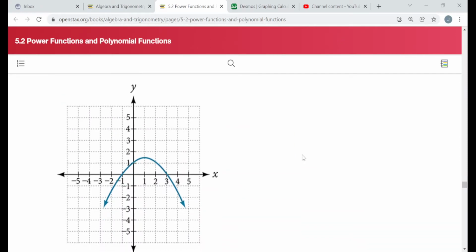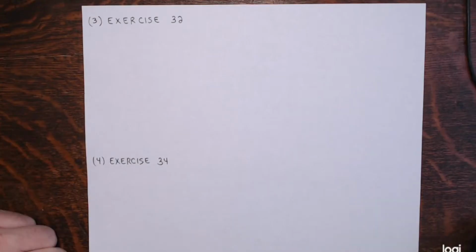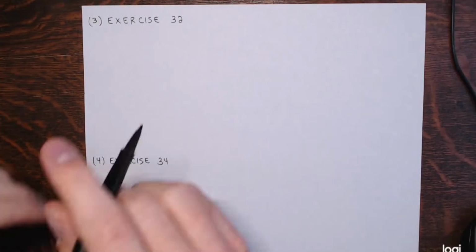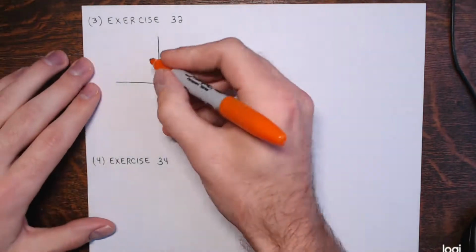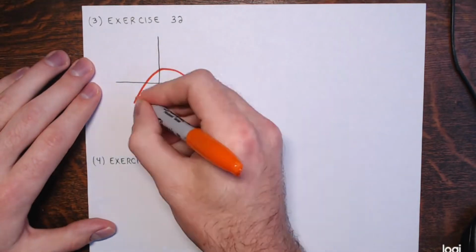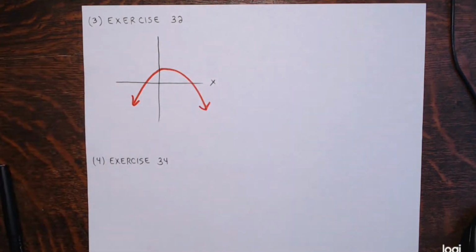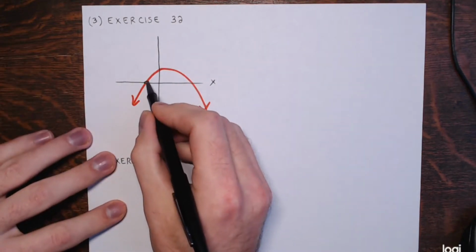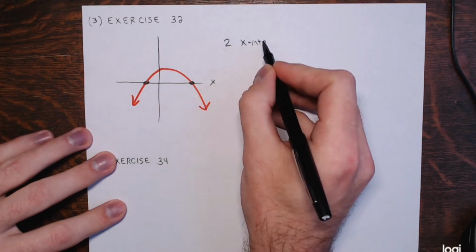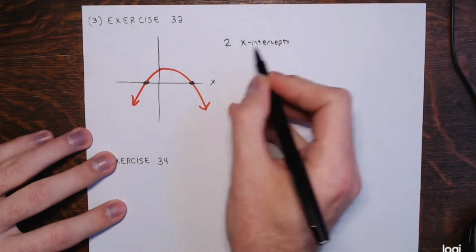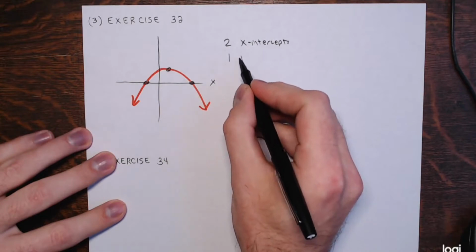Again, I'll just draw a very, very rough sketch of this on paper. I won't pause it. I'll just do it here. So again, here's an x-axis, y-axis, and then it looks like this. Like a parabola opening down. So you see there are two x-intercepts. And there's one turning point.